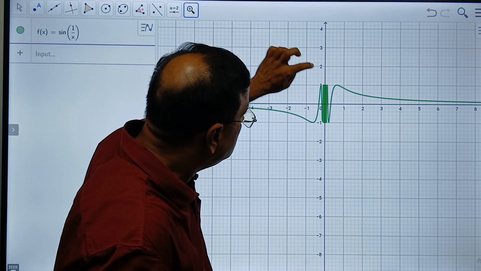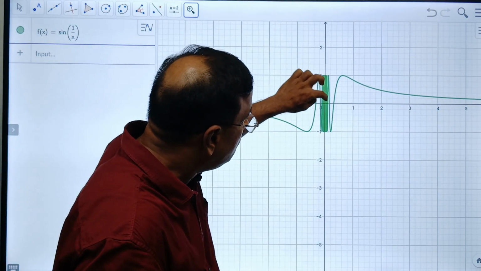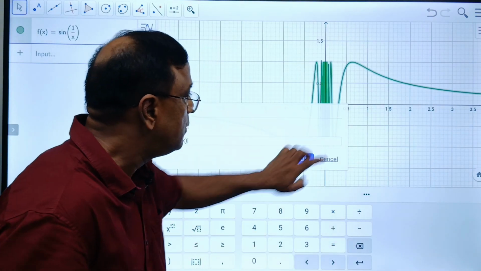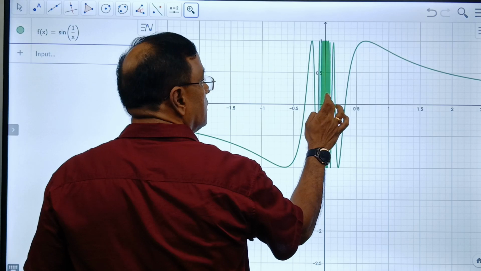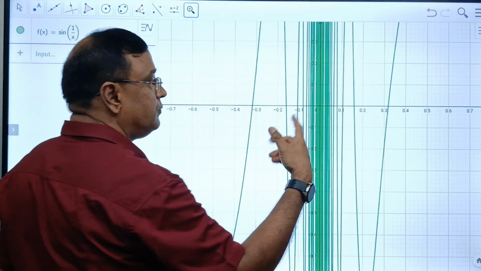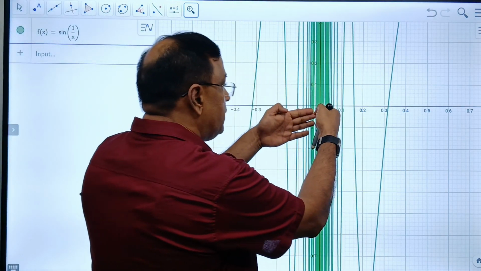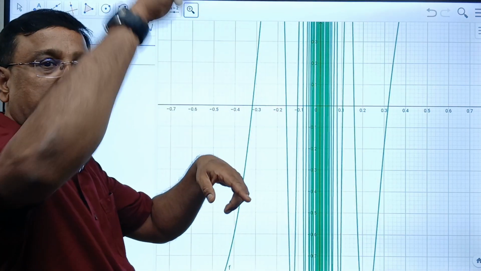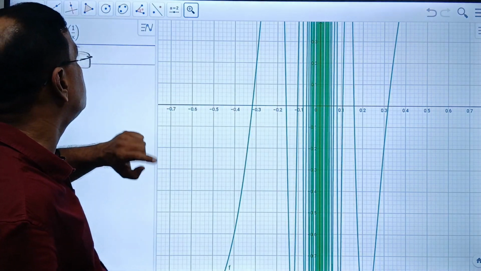See this? You can see how nicely it comes. See this? If you see, it doesn't tend to a particular value. Since it keeps oscillating between +1 and -1, the limit does not exist. Is it clear?